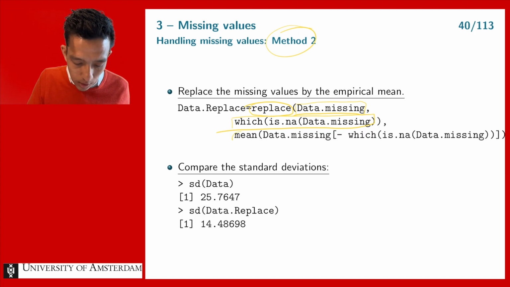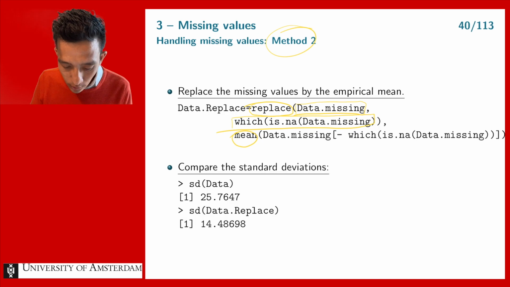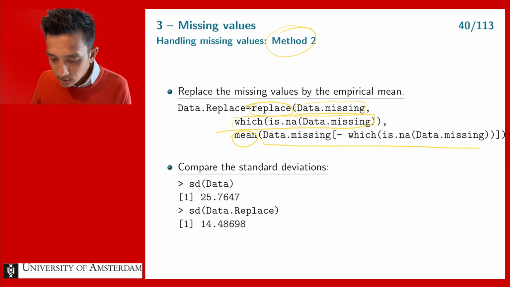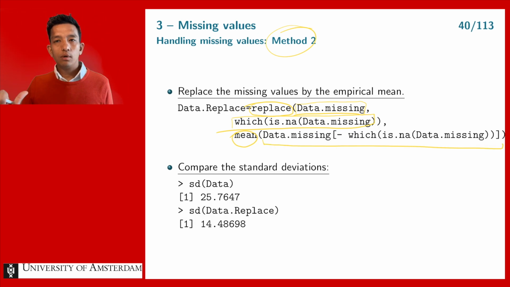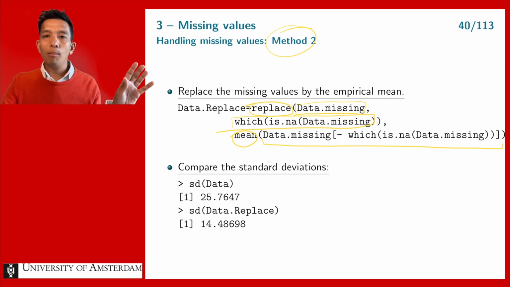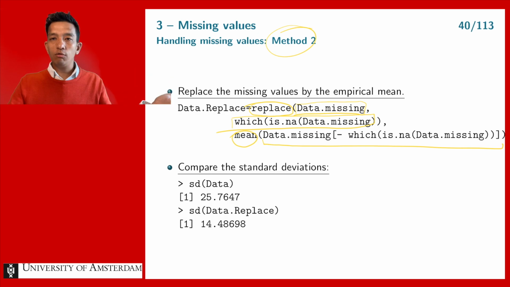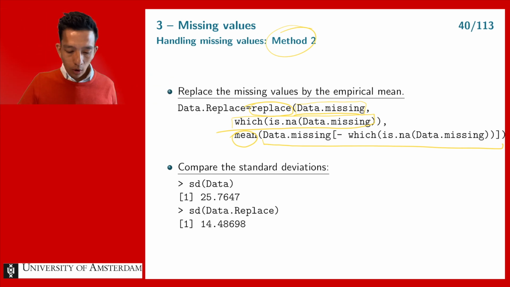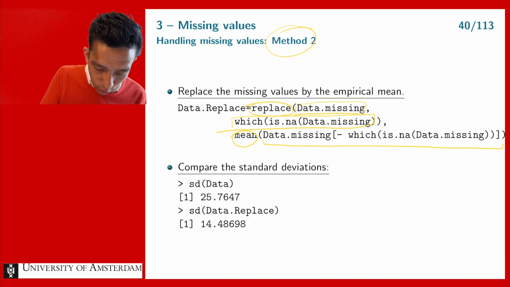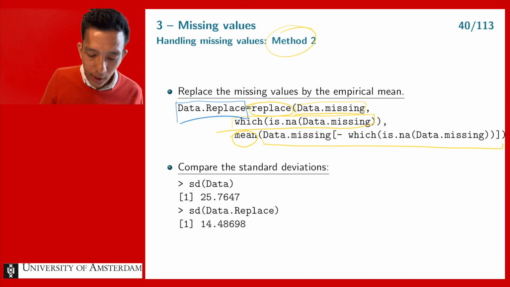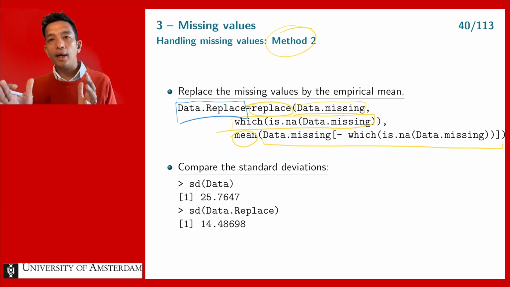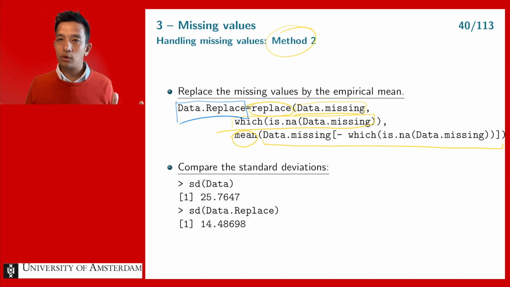Well, I take the mean of my data set without the missing values. So I say, well, this is the mean of the observations that have no missing values, and if there is a missing value with one of the other observations, I just plug in the mean. Okay, so my vector data.replace is now a vector with 1000 observations.